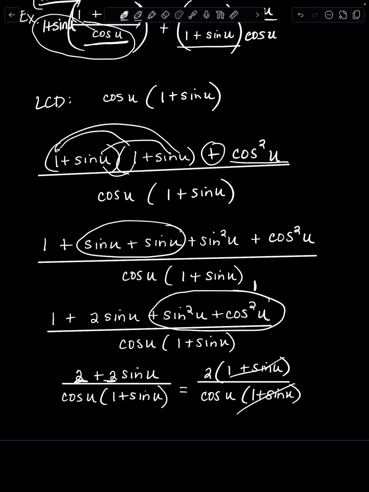Those 2 factors cancel. I'm left with 2 over the cosine of u. I don't want to leave this as a fraction. Remember, 1 over the cosine of u. This would be like 2 times 1 over the cosine of u. We know that is secant. So all that is going to equal 2 times the secant of u.